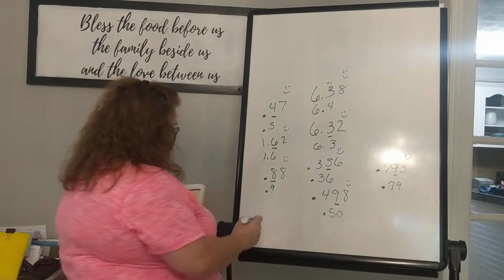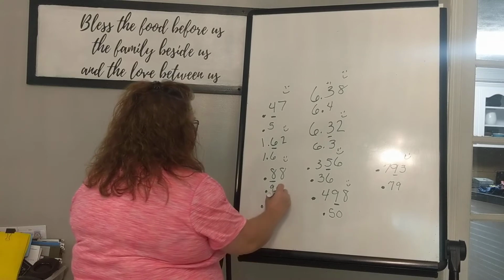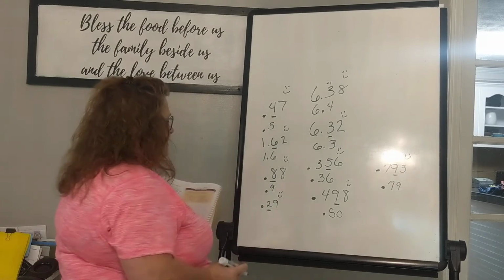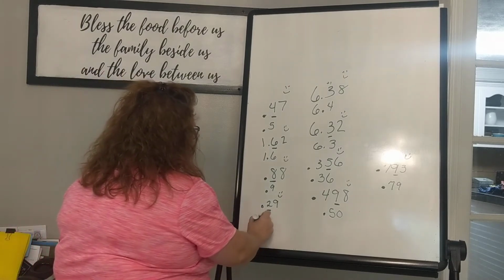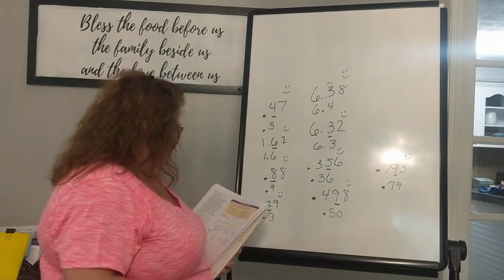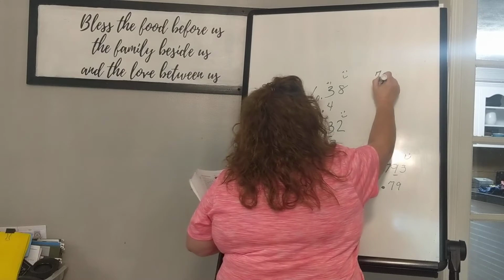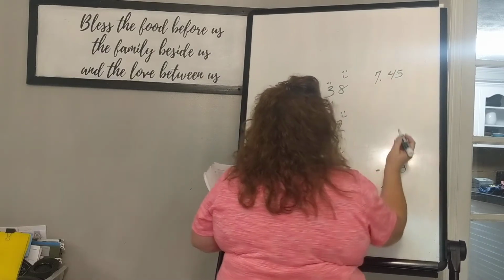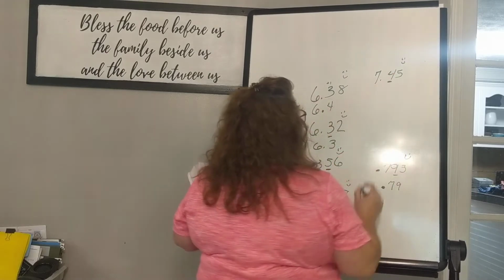Letter D, we have 0.29. We're rounding to the nearest tenth. The number after it is our looker digit. It's 5 or more, so we will add 1 to the digit we're rounding, 0.3. Look at letter E. We have 7.45. We're rounding to the nearest tenth. The digit after is our looker digit.